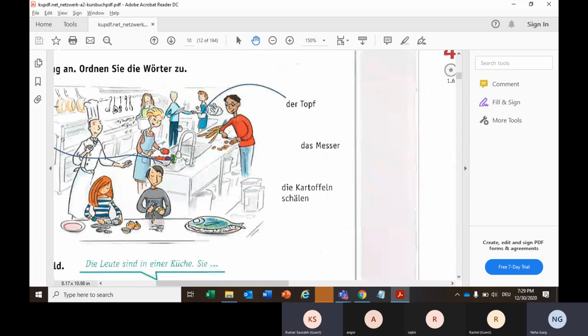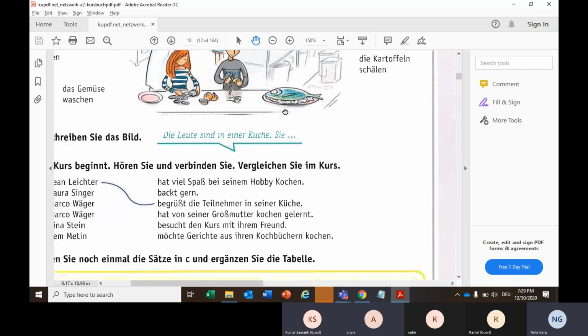Dann der Topf, das Messer, die Kartoffeln schälen. Angie, what is the meaning of this? Die Kartoffeln schälen. I told you on the first page. To peel the potatoes. Sehr schön.